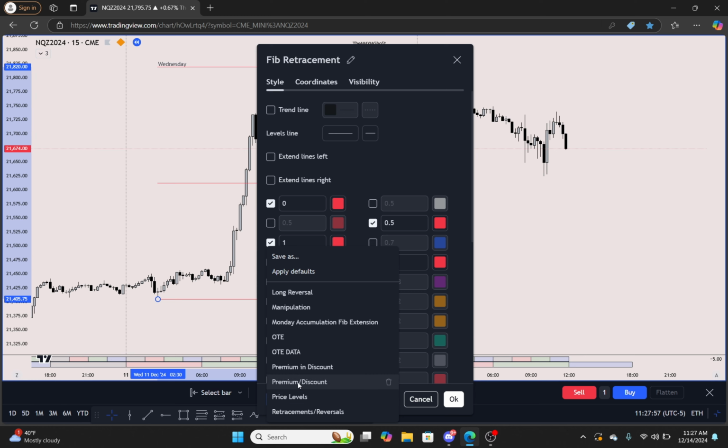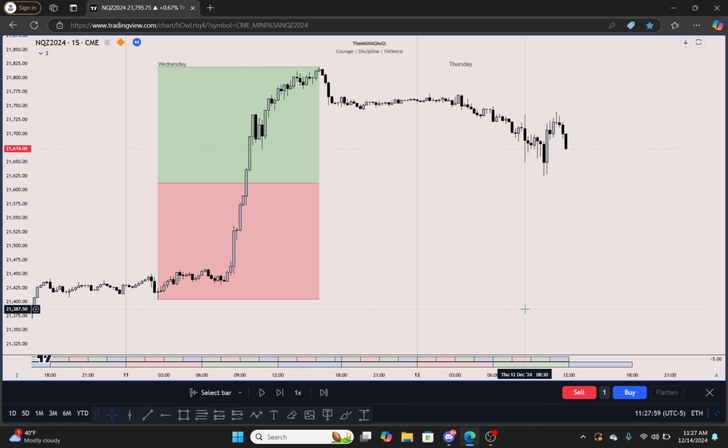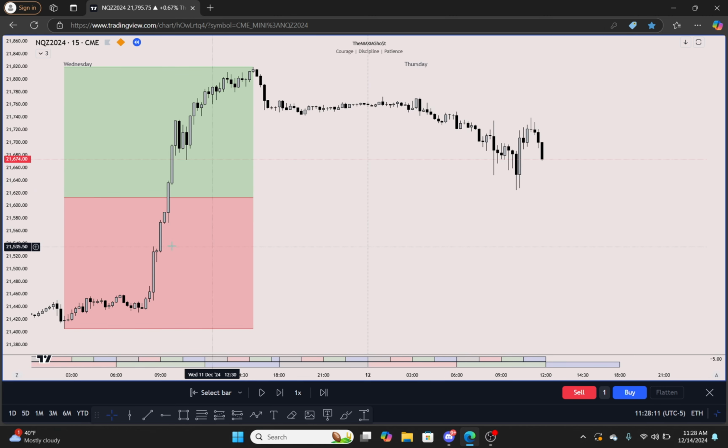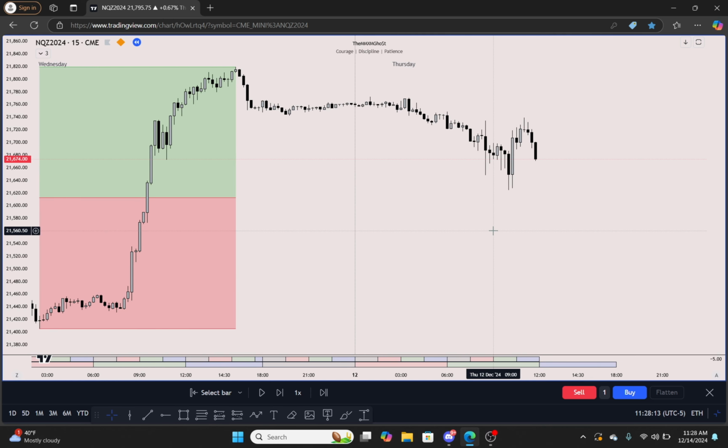Sorry, had to get premium and discount of the range. Okay, I'm looking for price to fall somewhere back into equilibrium of this range. I don't necessarily need it to come all the way back into a deep discount.